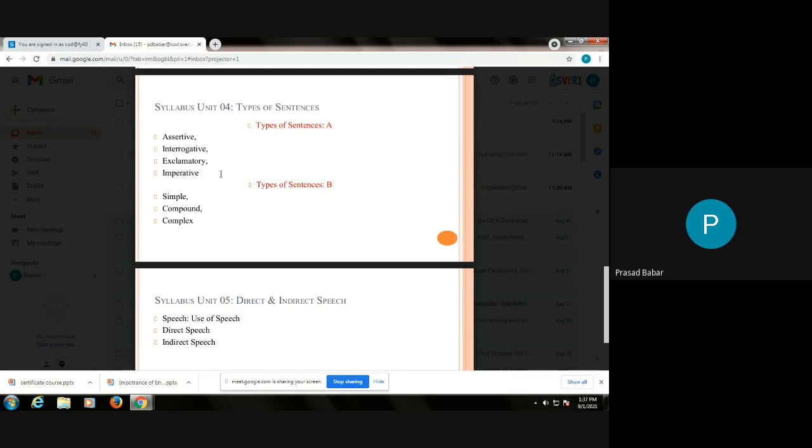These are the conjunctions we use to form compound sentences.